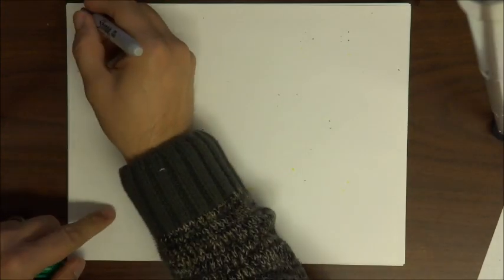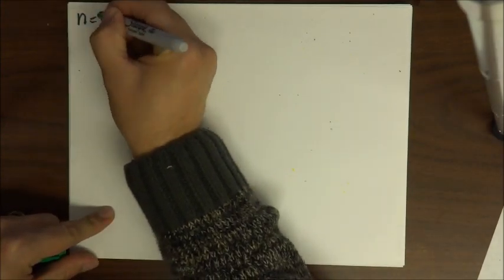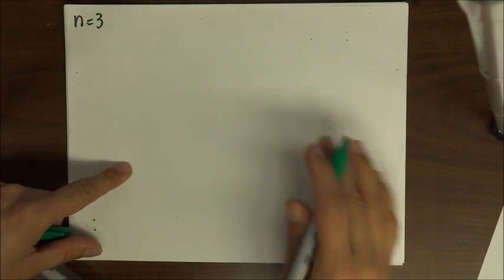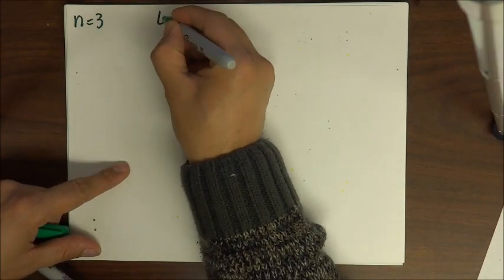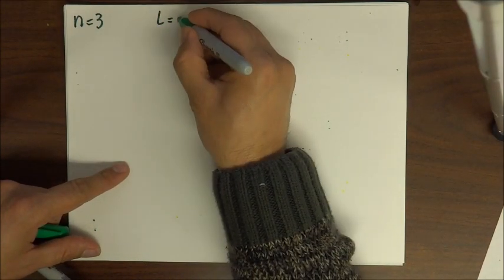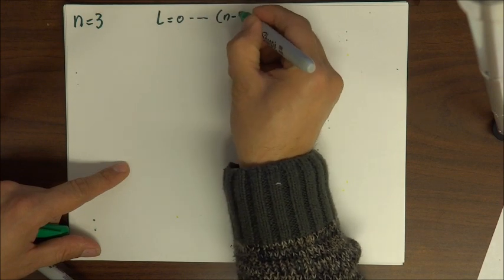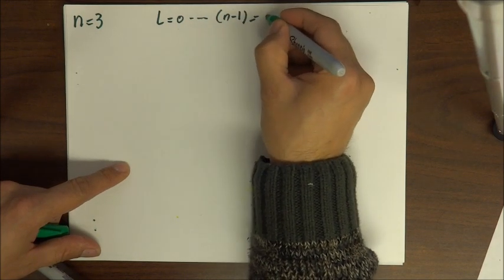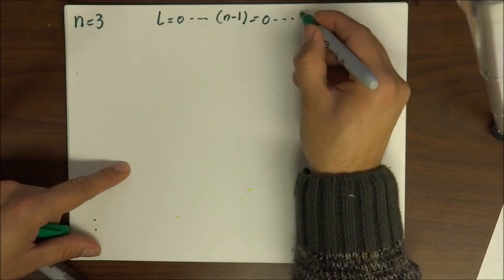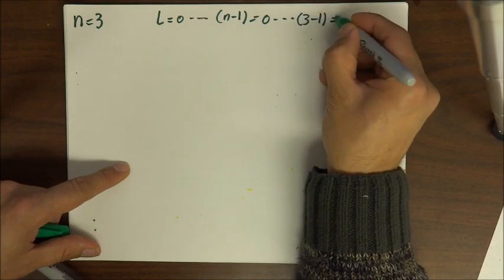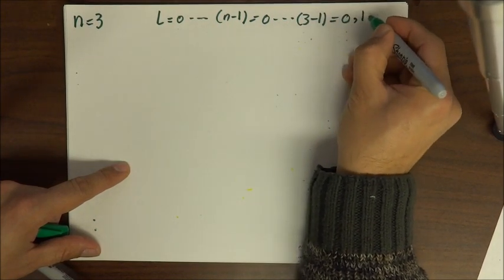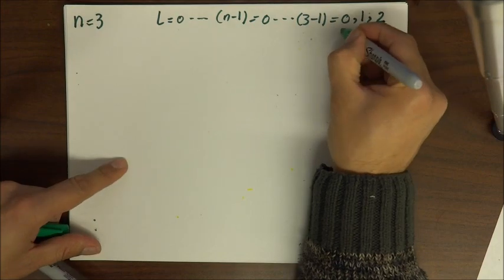Now we will go through n equal 3. When n is equal to 3, the possible answers for L will be 0 to n minus 1. It will be 0 to 3 minus 1. I'll have 0, 1, and 2.